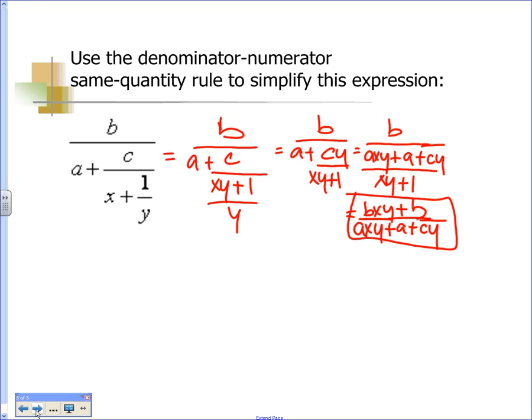Xy plus 1. And then you ignore the b for now, and you make those two one fraction. So a xy plus a plus cy over xy plus 1. Does that make sense? That's what that is. And then you have a fraction over, or a number over a fraction. So you flip it. If it helps you to cover up the other parts that you're not looking at, that's fine.